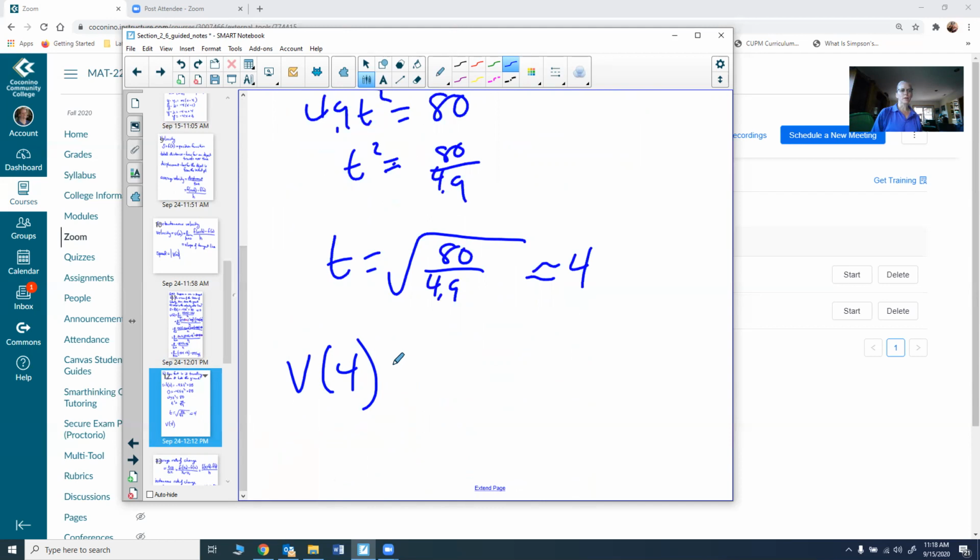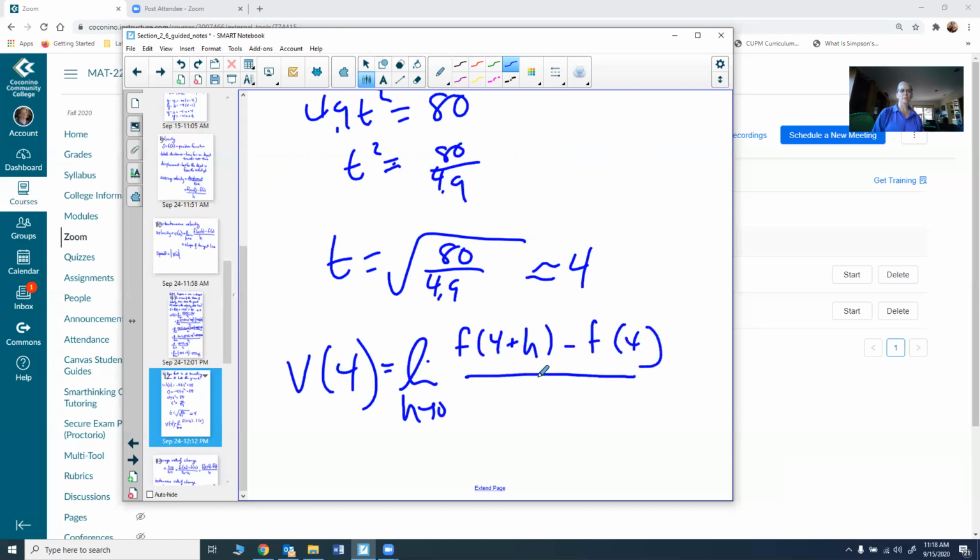I think we can all see how to do it, but it's basically the same idea. You would use the limit as h goes to 0 of f of 4 plus h minus f of 4, all over h, and then you find out what that velocity is. Now it won't be exactly at 4, because it's not exactly 4 seconds when it hits the ground, but it's pretty close. And then you go through the exact same process.